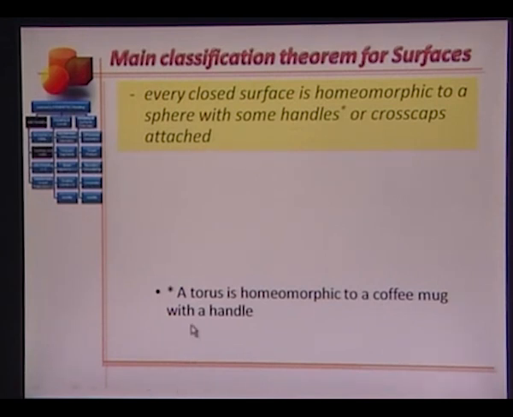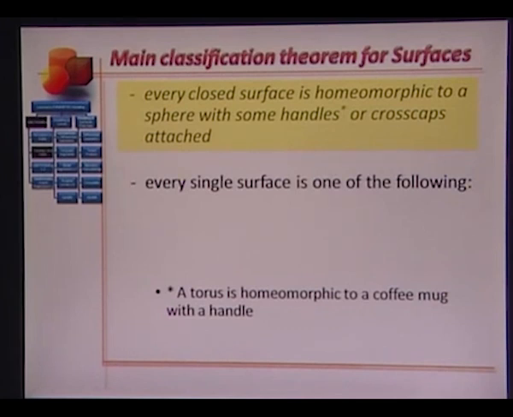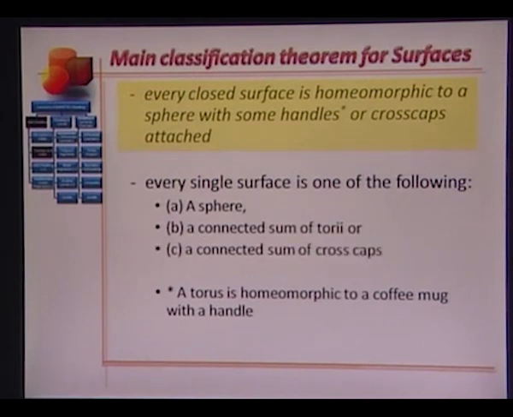But first, every single surface according to the main classification theorem is one of the following. It's either a sphere, or a connected sum of tori, or a connected sum of cross caps. In solid modeling, we are not going to be worried about self-intersection in 3 dimensions.